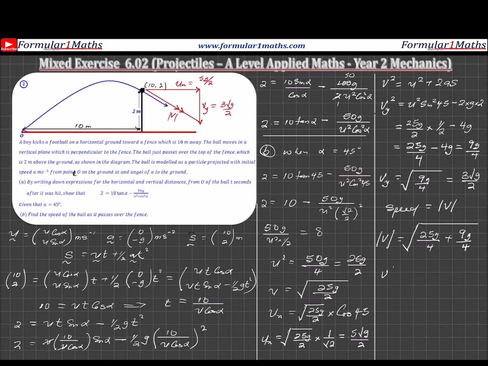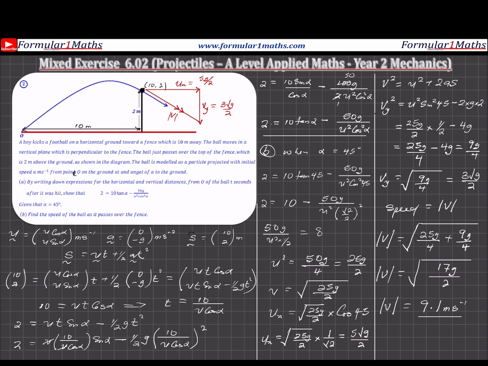So v is equal to the square root of 17g over 2. If I evaluate this, I'm going to get v is equal to 9.1 meters per second. And this is the required speed.